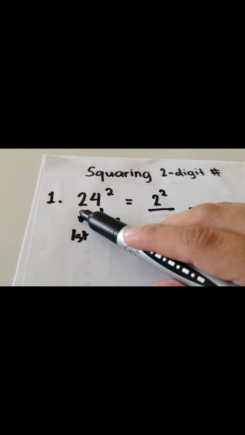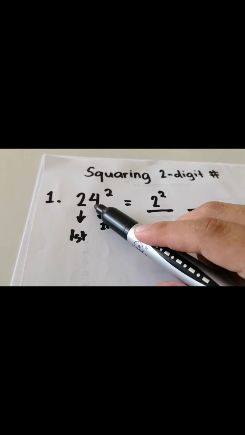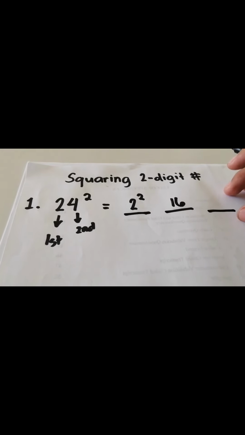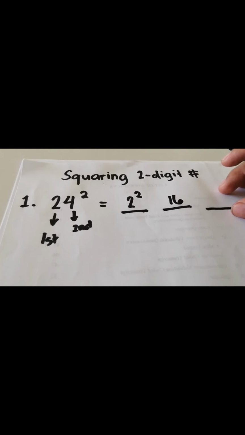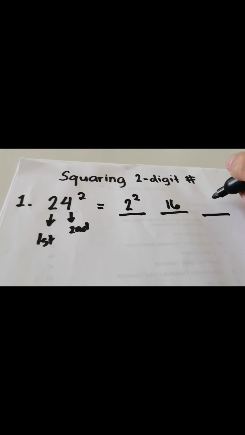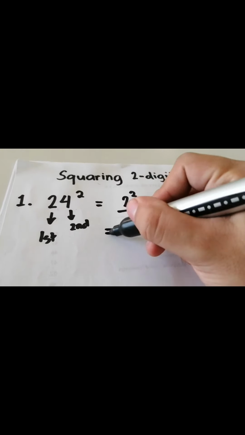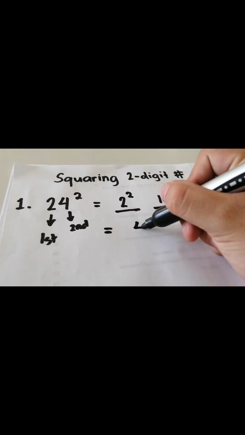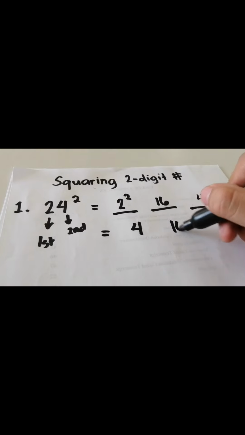So 2 times 4 is 8, times 2 becomes 16. Then the last space is the square of the last number, the second number, so that is 4 squared. So let's simplify this: we have 4, 16, 16.